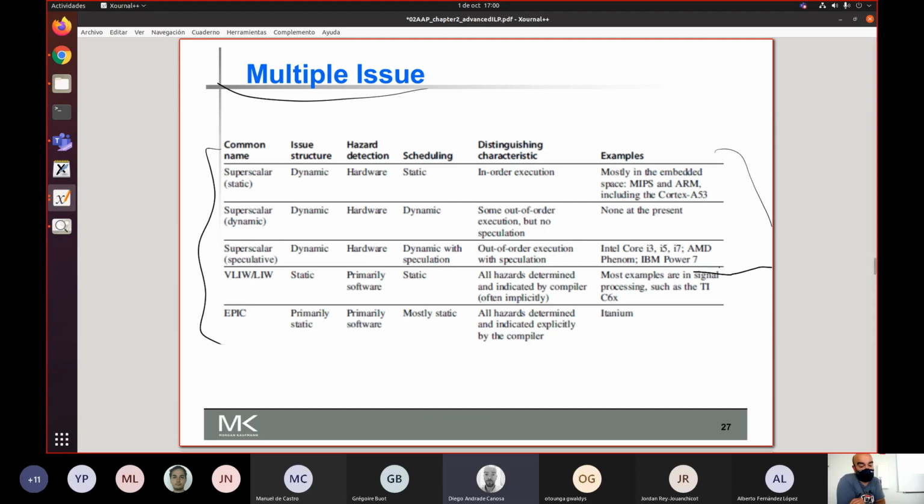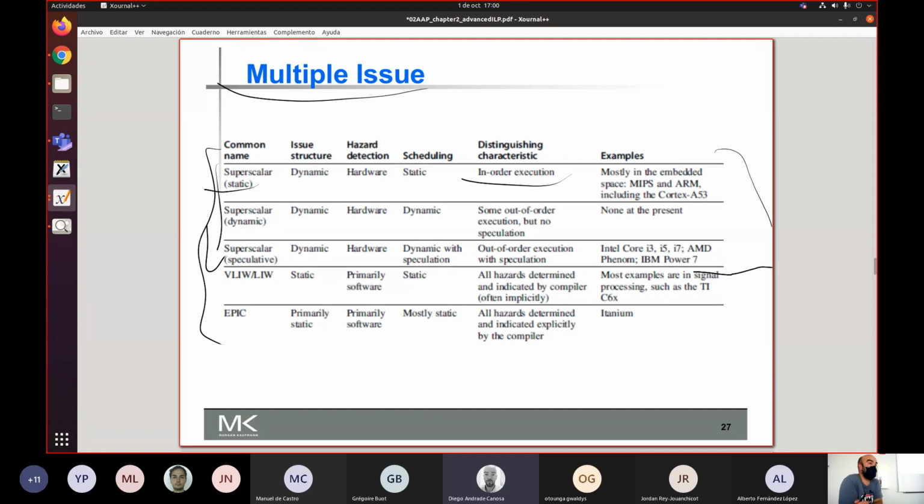So static are those processors where the compiler is going to help the processor by putting together independent instructions, and the execution of the instructions is going to happen in order, because independent instructions are put together by the compiler itself. If you are not helped, or not so helped, by the compiler, then the processor needs to do so dynamically.